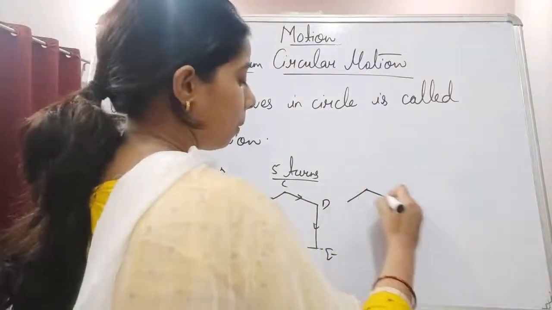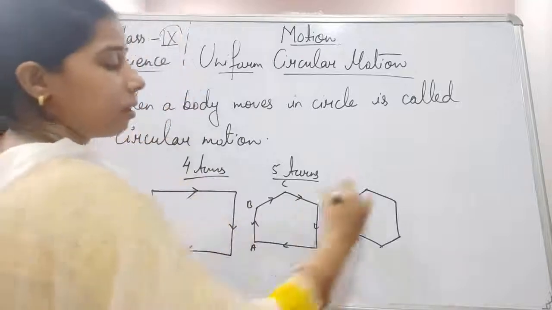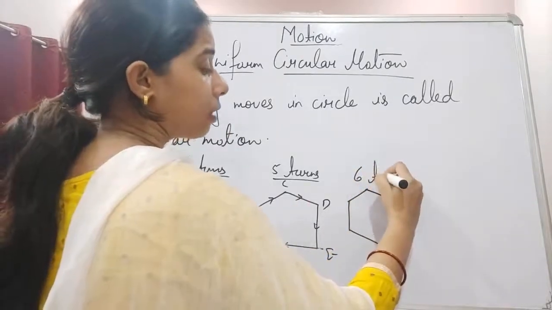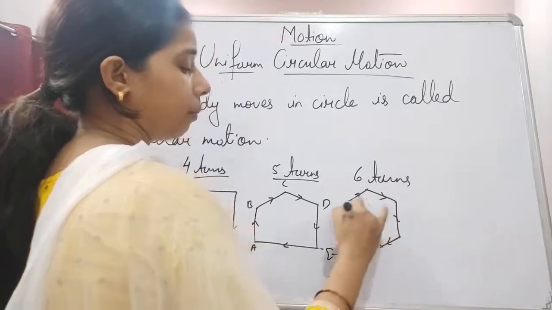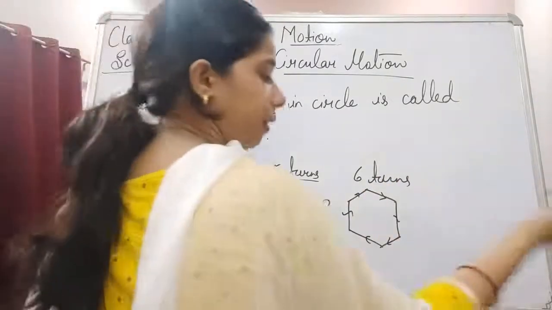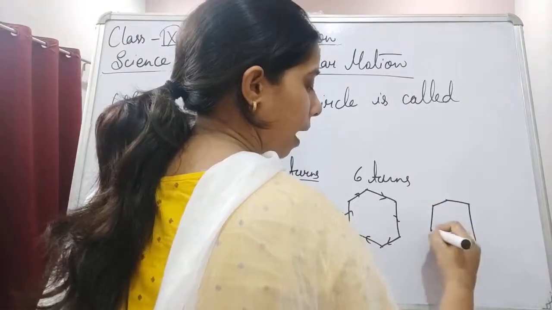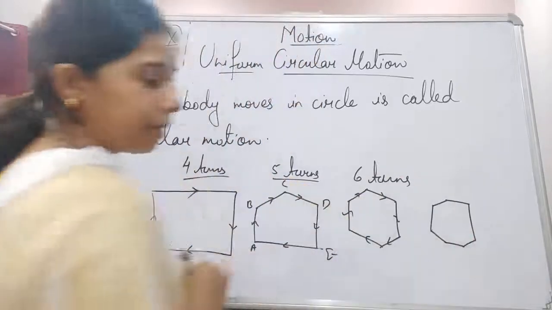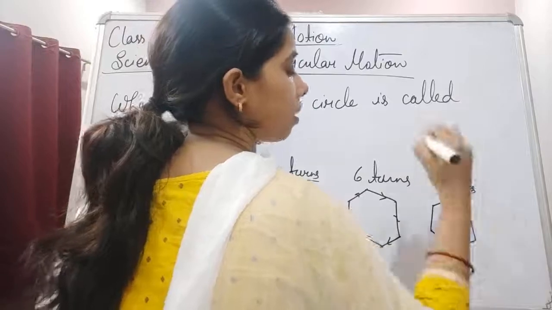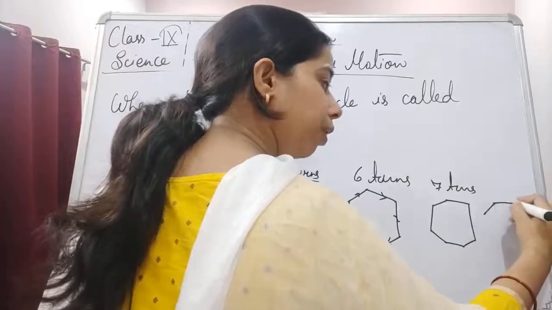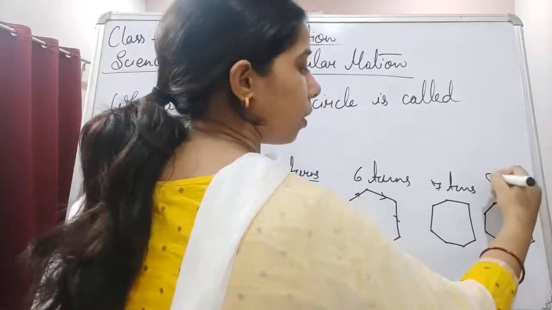Then he starts moving in a park that has 6 turns. At first he started from here and finally he reaches here. If we change it again, this time it becomes a heptagon, having 7 turns. And if we go further, it will be like this, students, with 8 turns.